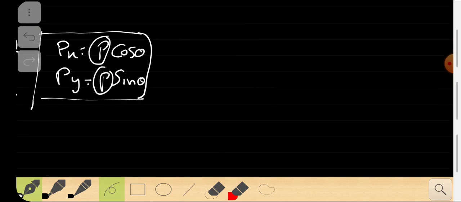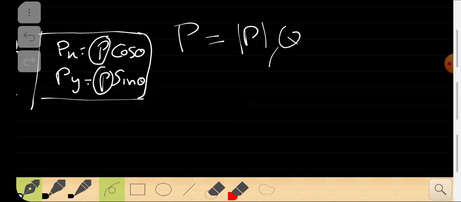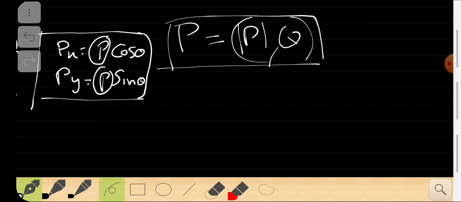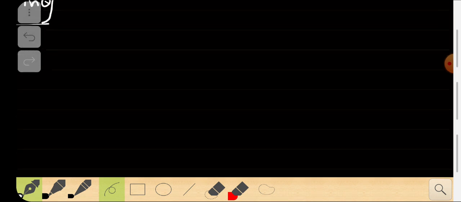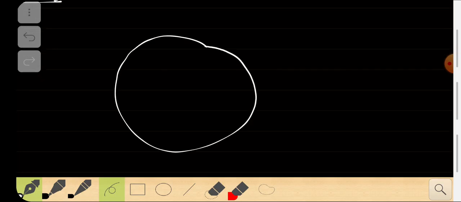So you generally represent px and py, the coordinates of a vector, in terms of some magnitude p and some angle theta. That's called the polar coordinate system. Okay, this is called a transformation. Okay, so with the polar coordinate system, you can use it on a circular basis.